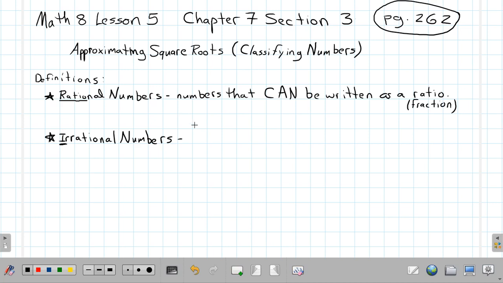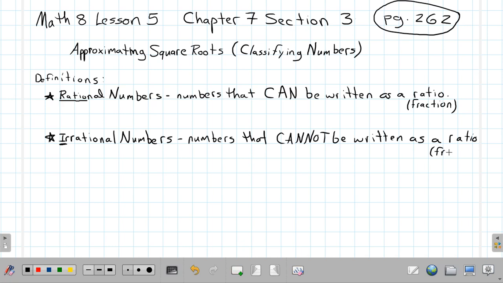So irrational numbers are going to be numbers that cannot be written as a ratio. Once again, if you want to think of it as a fraction, these are numbers that can't be written as fractions, okay?